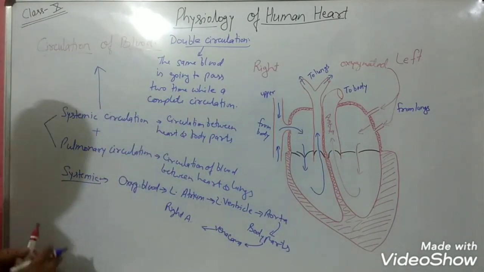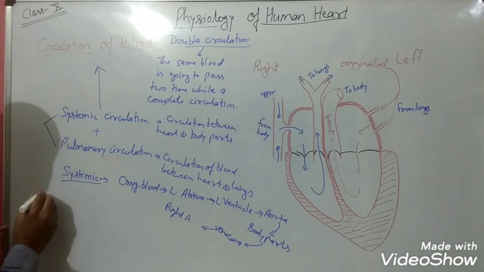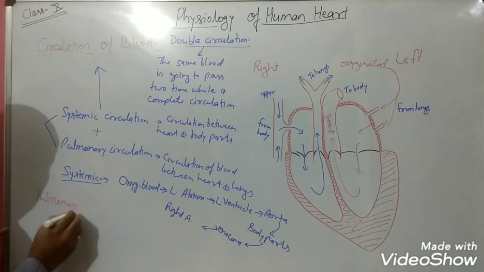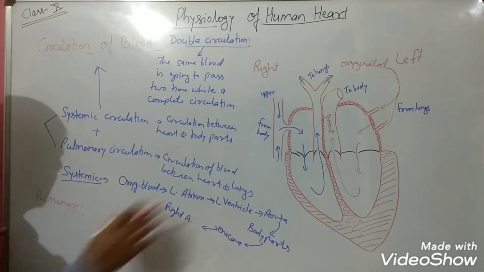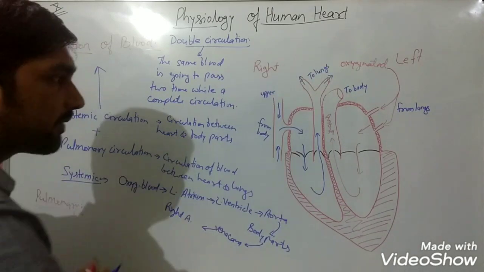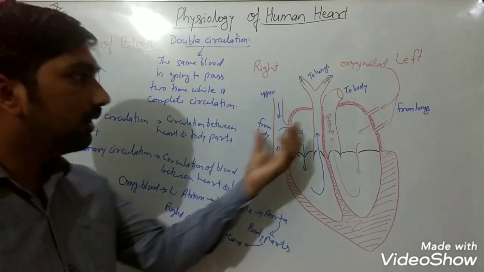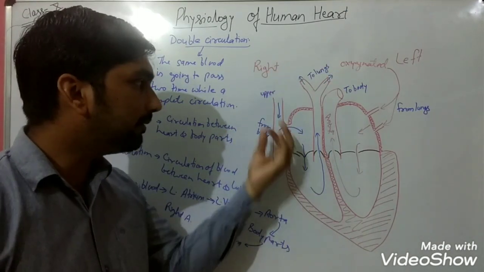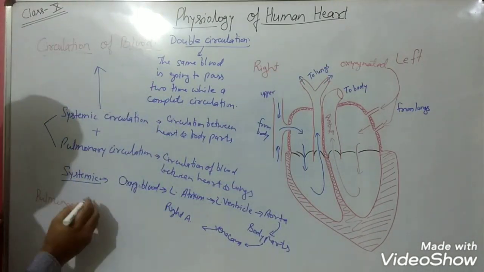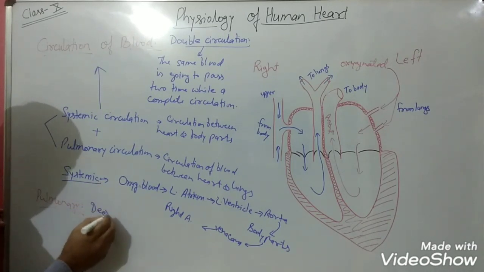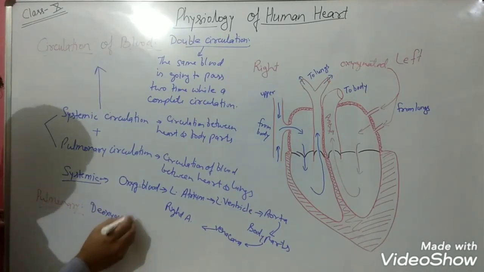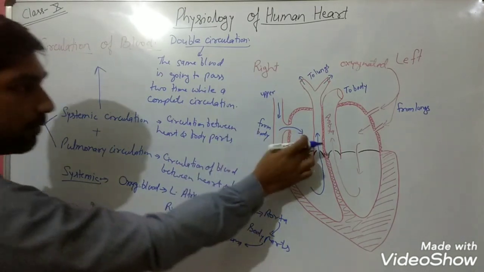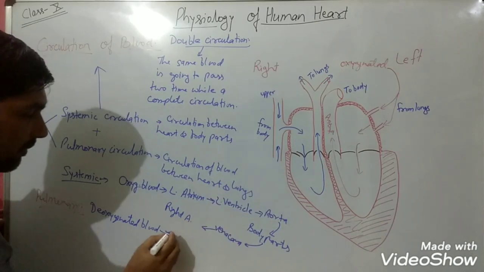Now the second one is pulmonary circulation. In the pulmonary circulation, the blood flows between the heart and lungs. When the blood is provided to the lungs, it means the blood will be deoxygenated. So deoxygenated blood enters into the right atrium.